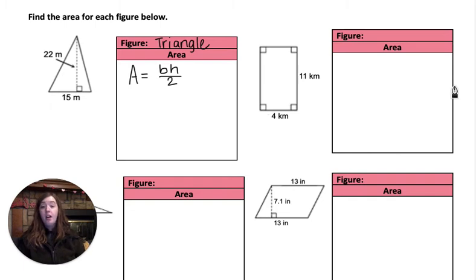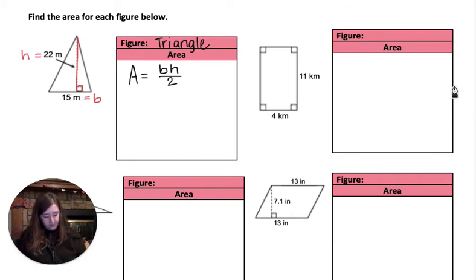So remember, our height and our base always make a right angle together. So down here is our base. That piece that's perpendicular to our base, right here is our height.